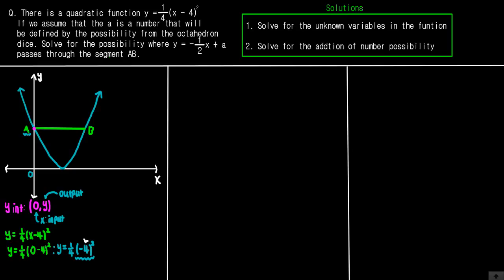If you multiply a negative number by a negative number, we get a positive answer, so (negative 4) squared is going to be positive 16. And in order to cancel out this parenthesis, we can distribute the 1 over 4 into our 16 term, which gives us 4. So we figure out that our a value is going to be 4.